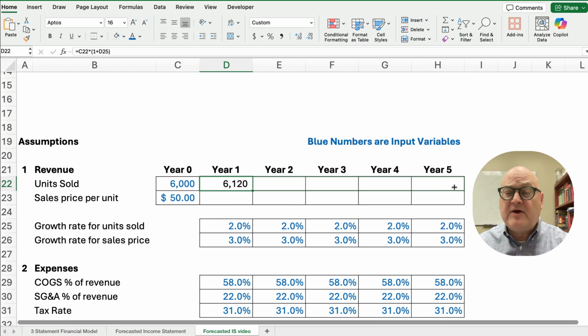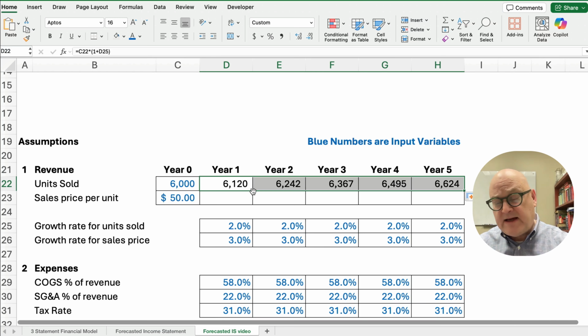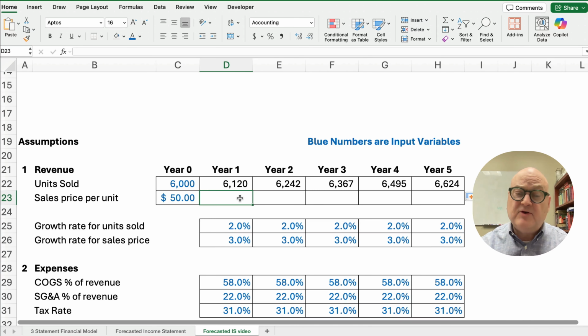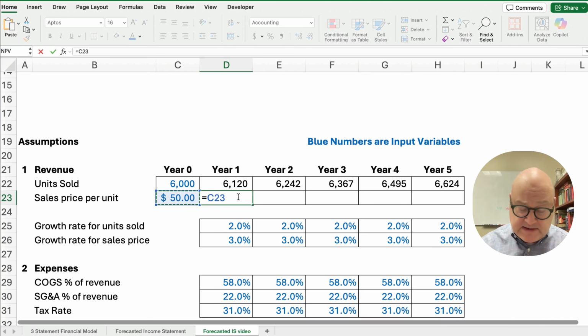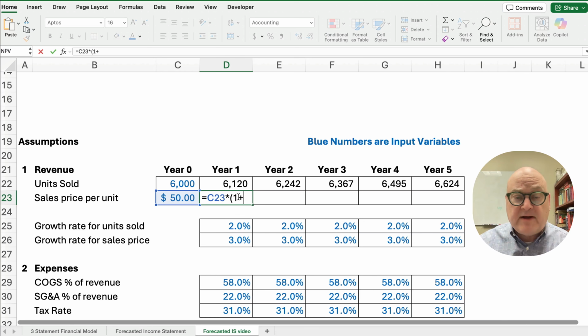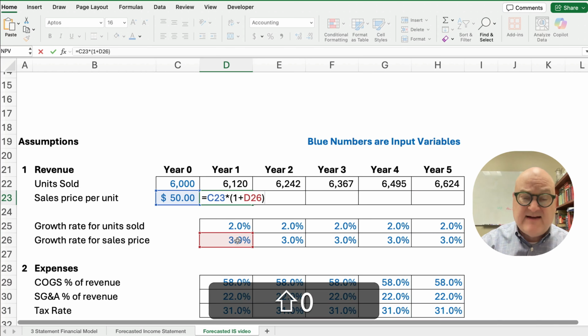And we can copy this all the way across. I can take the bottom right-hand corner and left click and drag, and that makes a formula all the way across. So I'm taking the previous year, year 4, times 1 plus the 2%. We can do the same thing for the sales price. Let's assume the sales price grows at 3% each year. So we take the $50 and we'll multiply it times 1 plus the 3%.